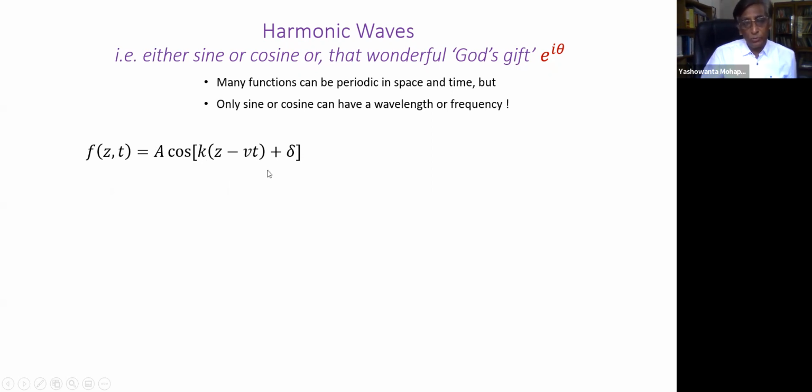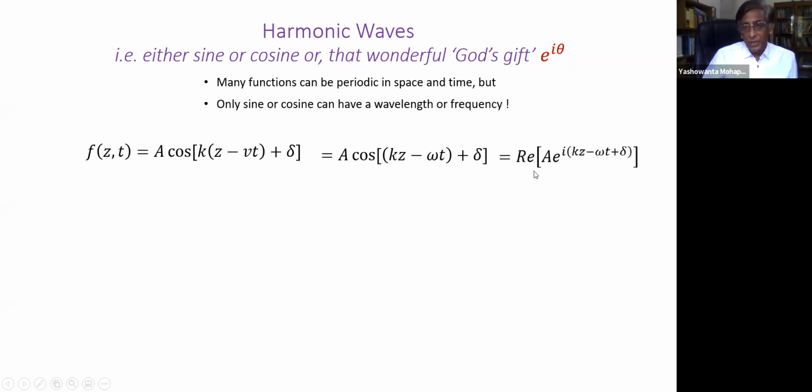So this is the most general solution. Because of this delta, you can also write it in terms of cos and sine. Now I can take k inside: kz minus omega t, so that omega is k times v plus delta. This is the most familiar form in which we're going to use the one-dimensional wave equation.